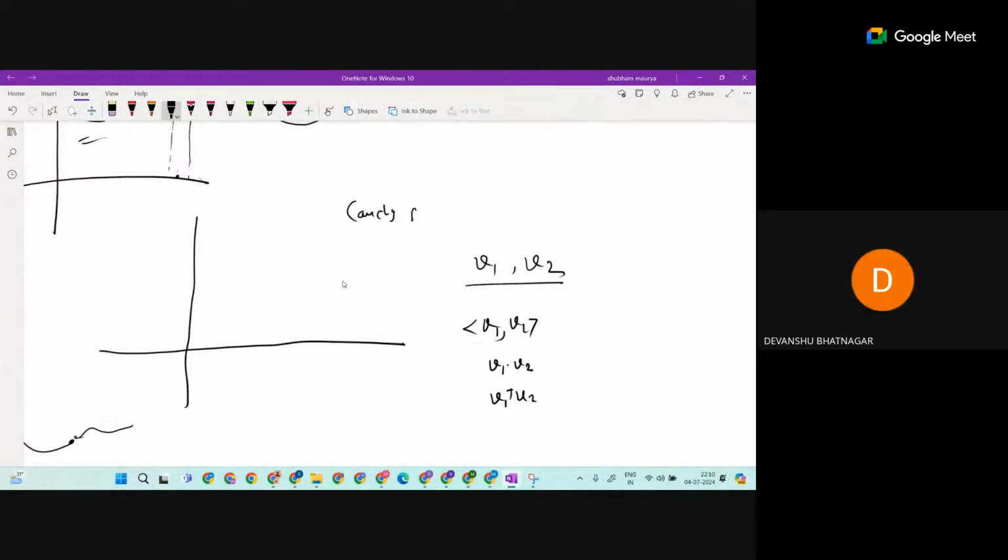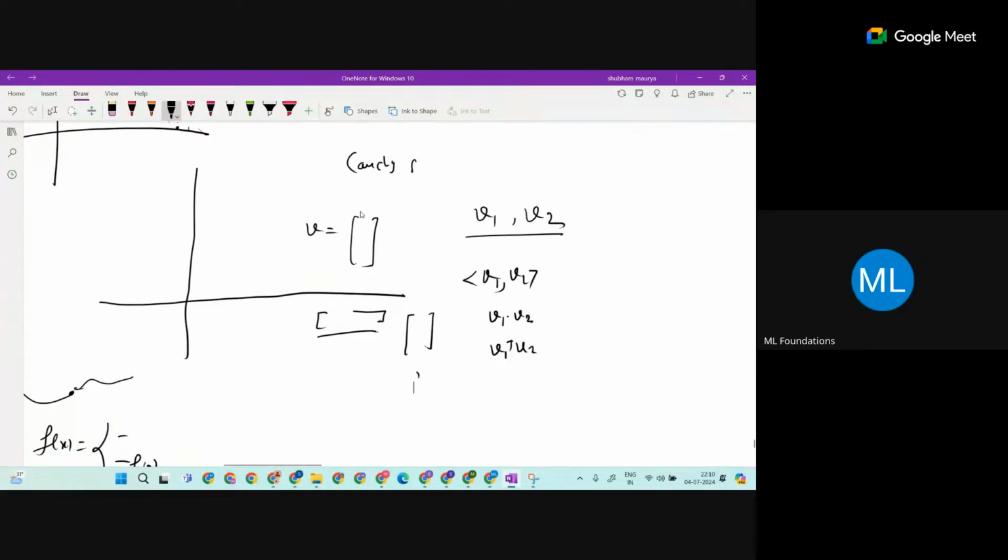Many representations are there. Because a vector is generally denoted in column form, the dot product is the transpose of this times the vector, and if you multiply these two vectors you will get a scalar. That's the meaning of dot products. So whatever you have, if you find the dot product, it is going to be a scalar value.